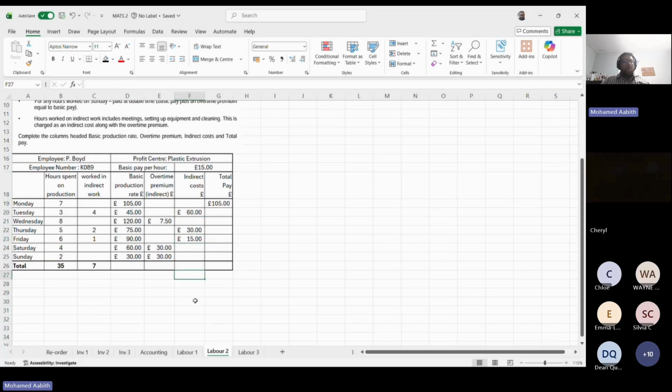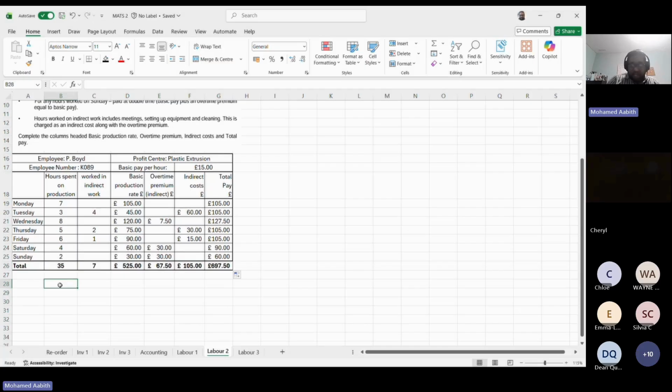So I have found all the necessary numbers now. Let's work out the total. What is my total pay? If I look at that here, my basic production pay is related to the 35 hours I worked on the production line. So let's prove it.